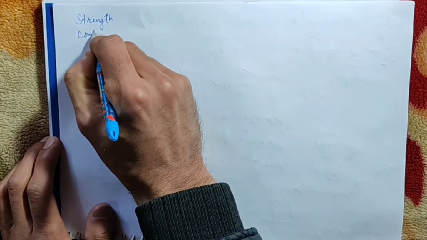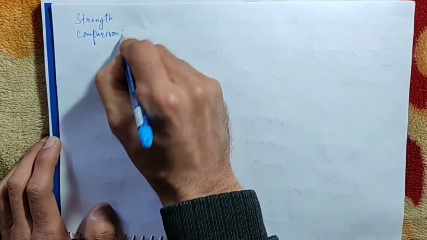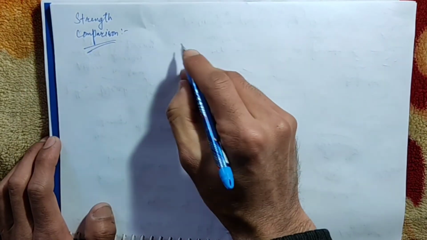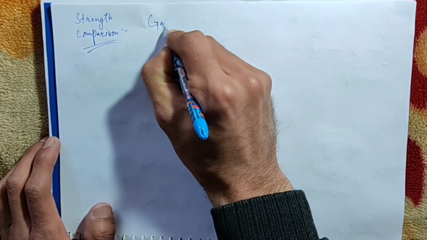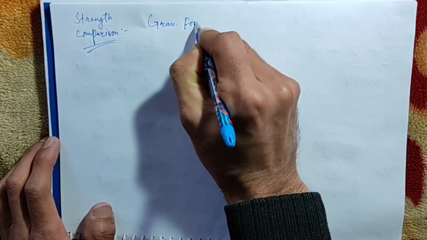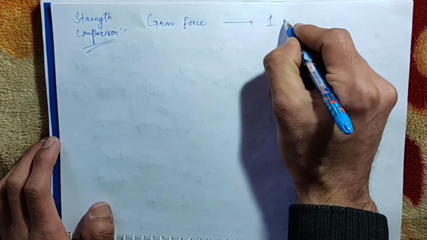Just a few more minutes to complete this topic. Say, for example, for gravitational force, we will take 1 unit strength.